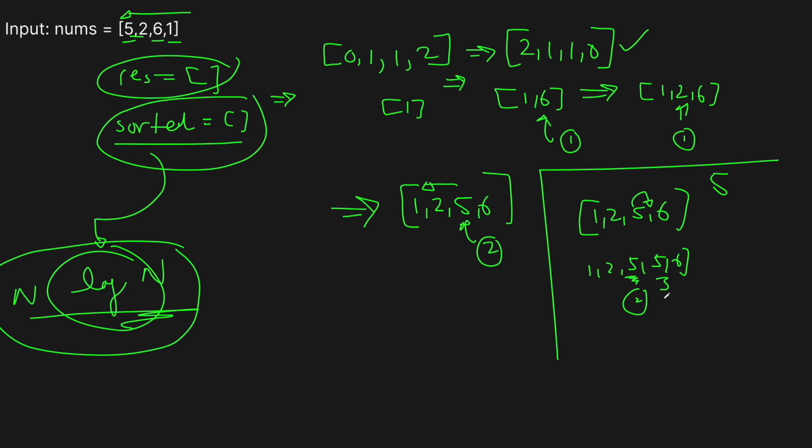The reason for this is, remember that we use whatever index we inserted at as the number of values to the left of us that are smaller. And if we insert it after the 5, then we'll include the 5 in here, which is incorrect because 5 is not less than our current value of 5. Remember, it's strictly less than, not less than or equal to.